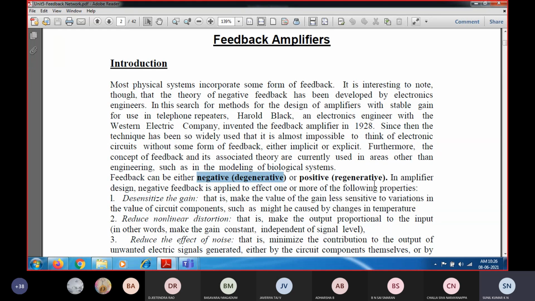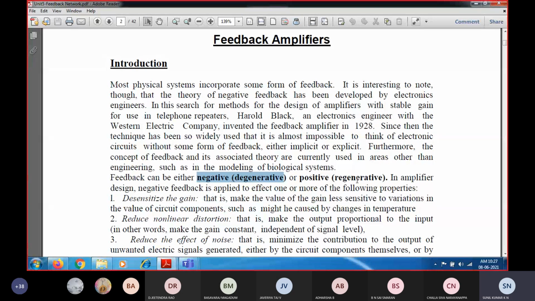In that, it is going to provide a constant oscillation, and it employs positive feedback. Based upon this positive feedback, whether it is the Wien bridge oscillator, phase shift oscillator, or any type of oscillator, you are going to see that the feedback employed is nothing but positive feedback.